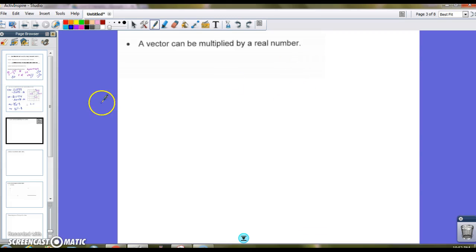For example, pretend that's a straight line, and suppose I have this vector V. If I multiplied it by 2, I would now have this vector. Notice my direction didn't change, but I doubled the magnitude of my initial vector. I can also take half of it, maybe if I don't want as long a vector, so that would be 1/2 V. You do not change the direction.